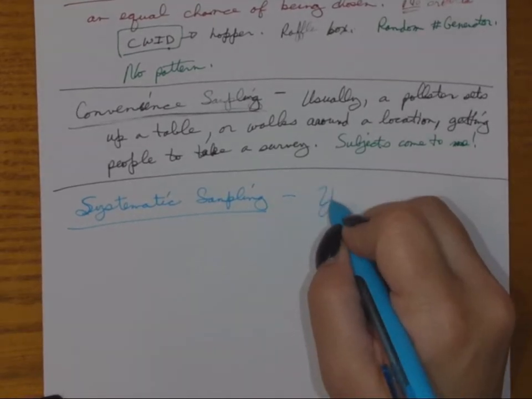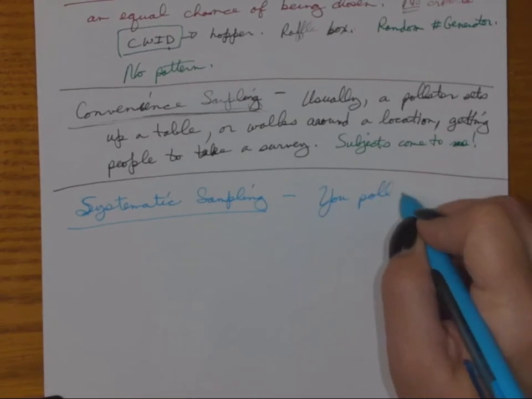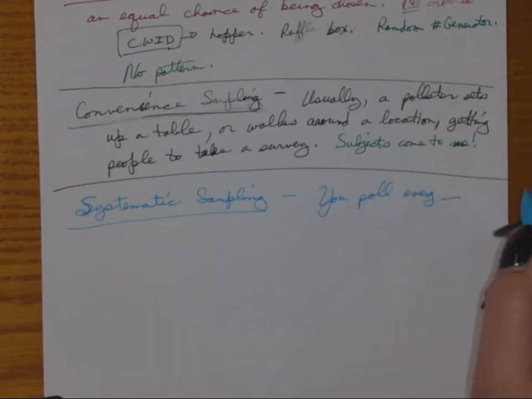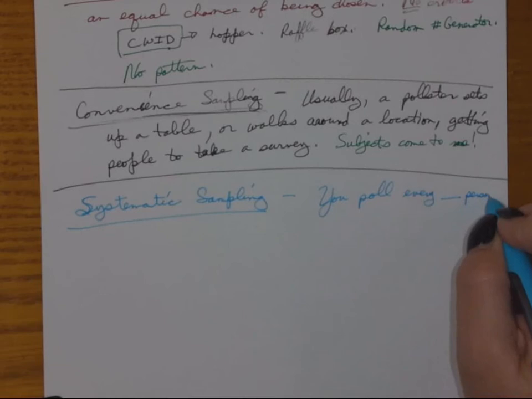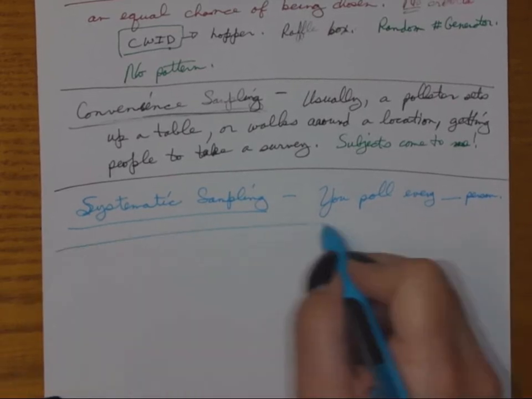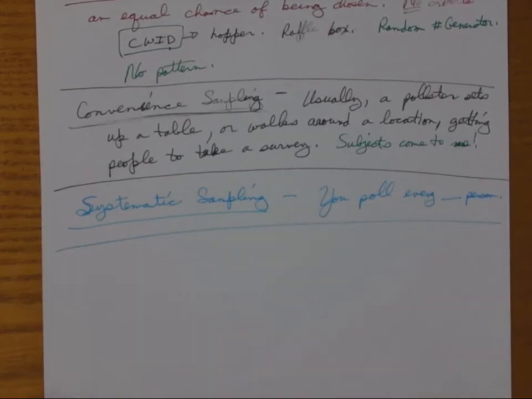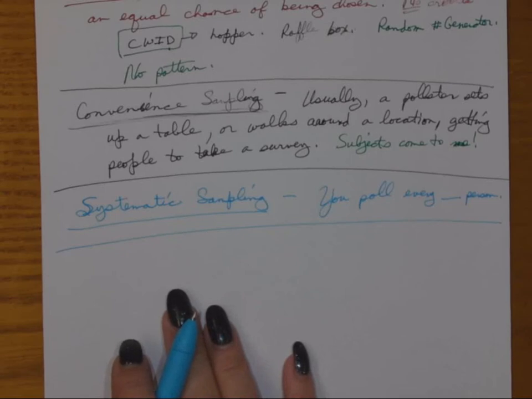So you poll every so-and-so-th person. One of the examples from one of my books says people are walking around on the Smithsonian lawn polling people, and they're saying, I'm just going to poll every third person. Well, the problem with that is, it's a good thing.